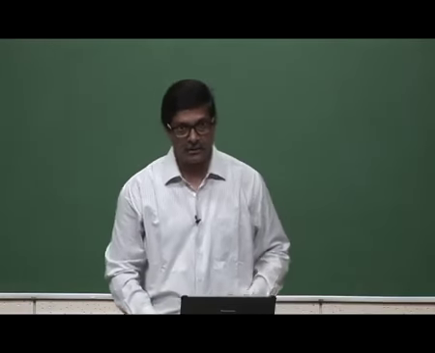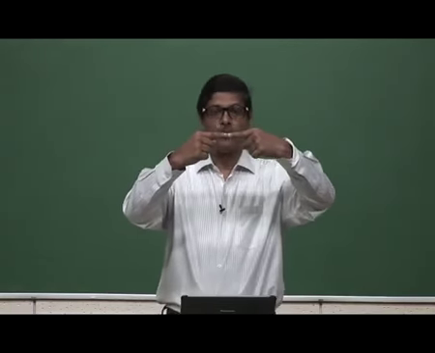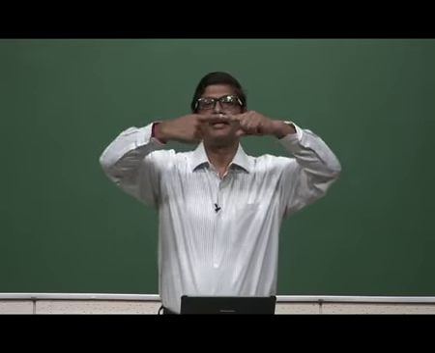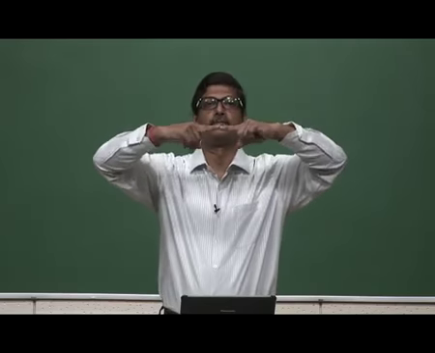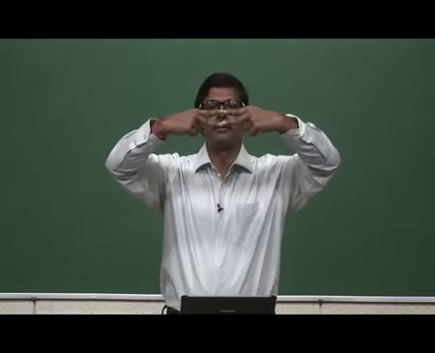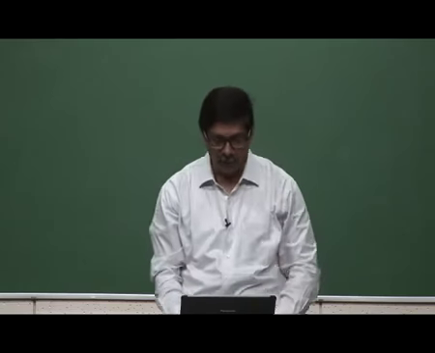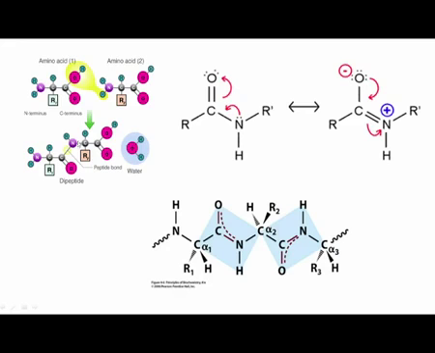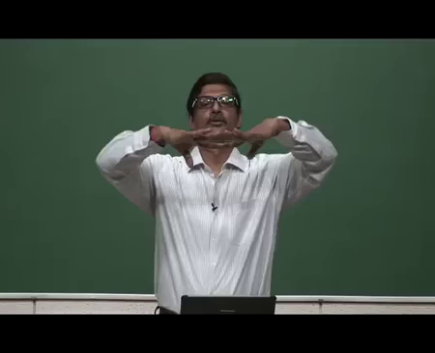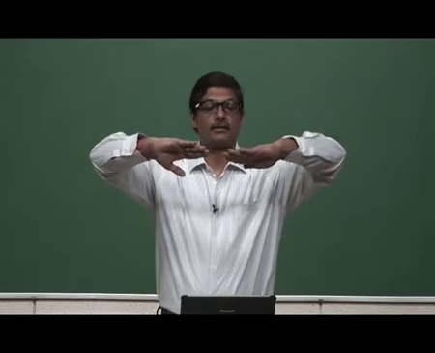As you know, if there is a single bond, then free rotation all around is possible, but if it is a double bond, then the rotation of these molecules is not possible. So, what is happening essentially is that once this peptide bond is formed, this and this actually behave like two planes. So, this is one plane, this is another plane.